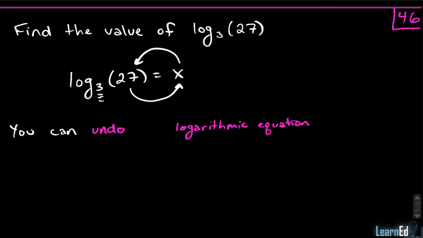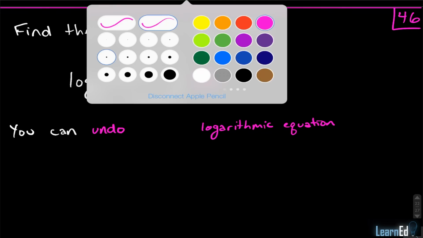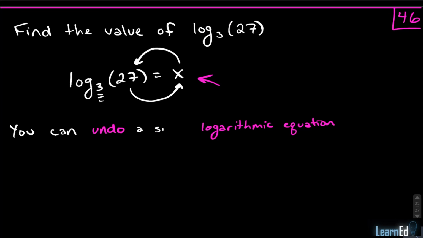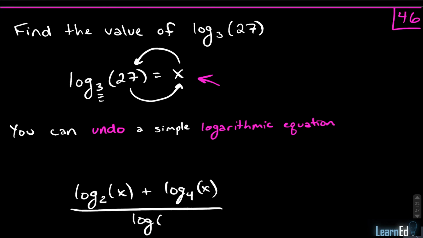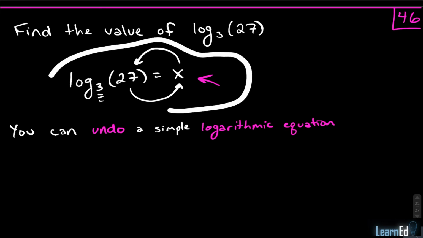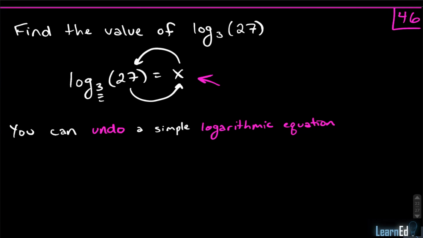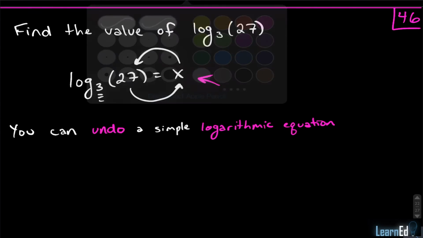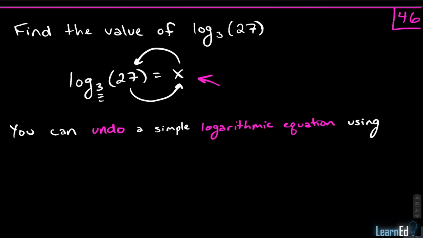I'll write down simple, because you can't use circle trick if you have something like log base 2 of x plus log base 4 of x, and then you have like over log base. It's for something really simple like this. You can undo a simple logarithmic equation using circle trick.